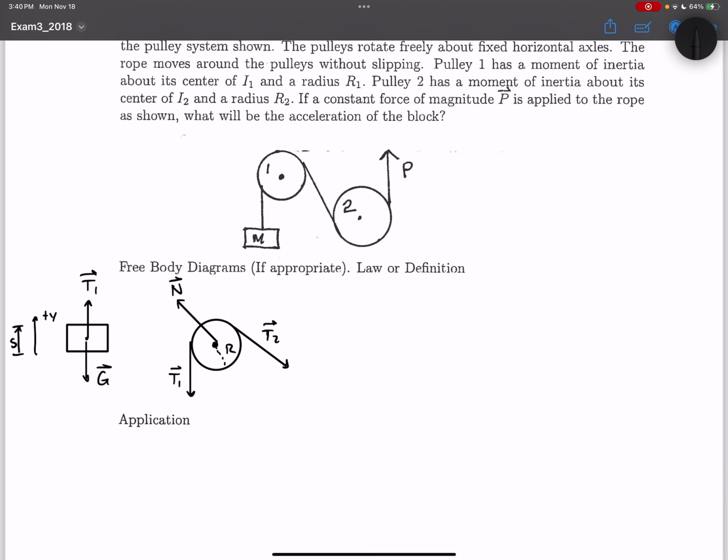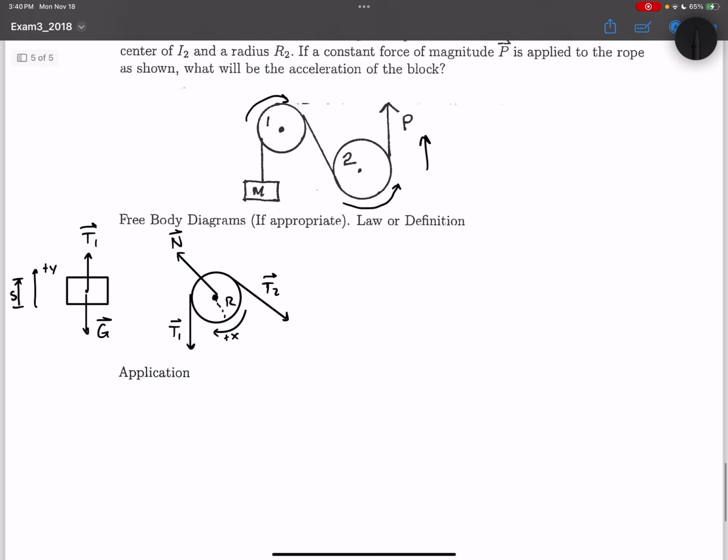Just a little reminder, this is the positive x direction for this pulley, and since P is pulling up on the second one, they're all rotating this direction here, like this. Yeah, that's important for later.